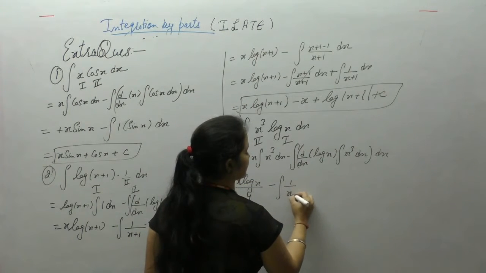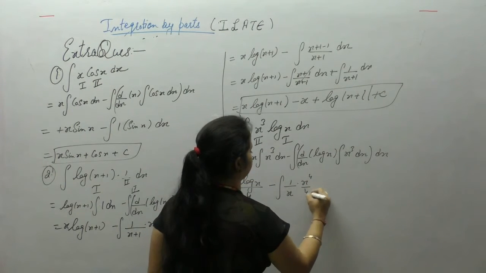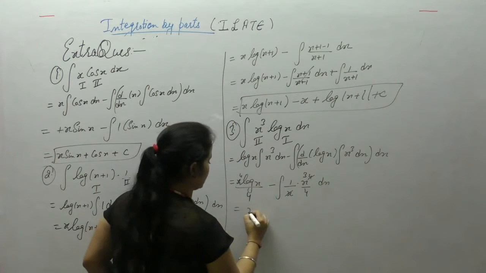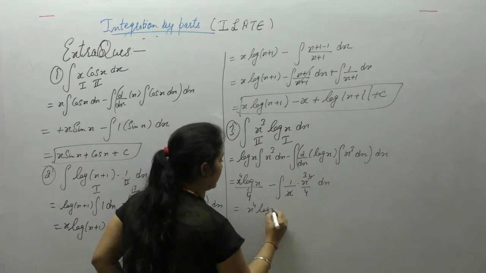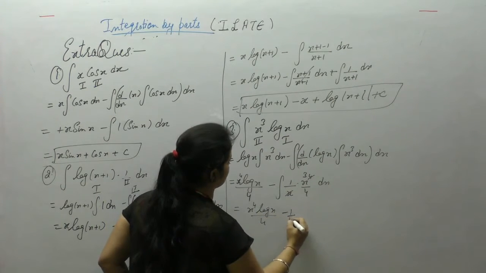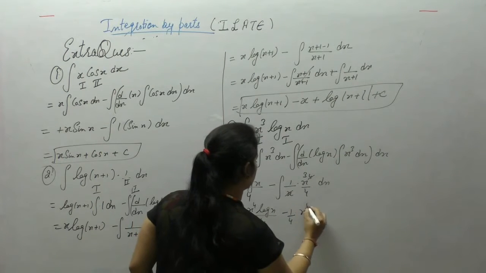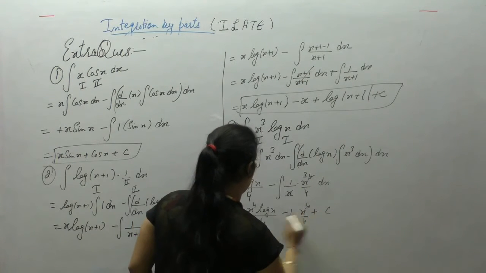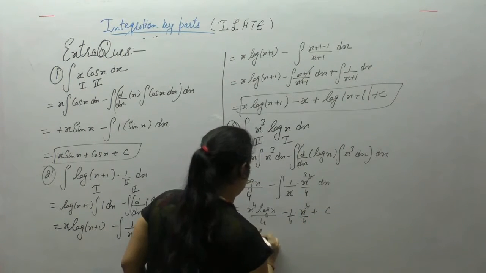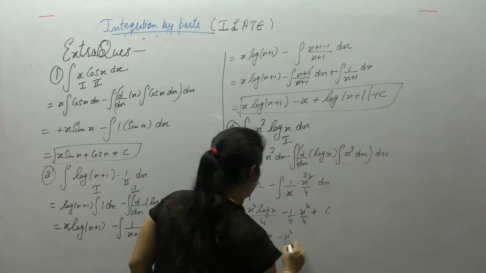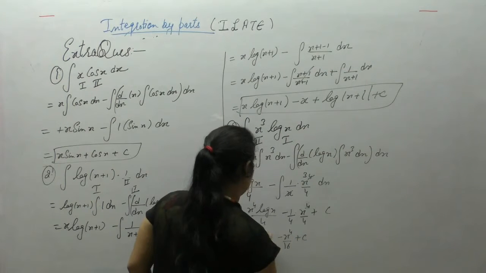Derivative of log of x is 1 upon x. x4 log x upon 4. 1 upon 4 is constant. Integral of x cube is x4 upon 4. x4 log x upon 4 minus x4 upon 16 plus c.